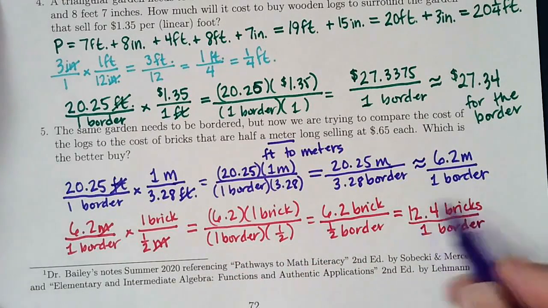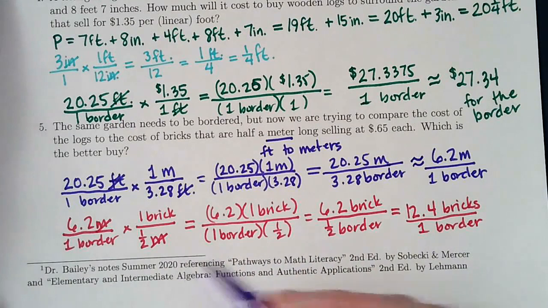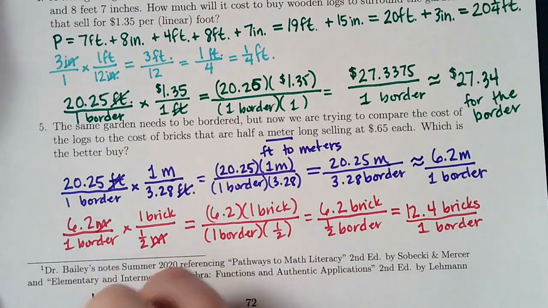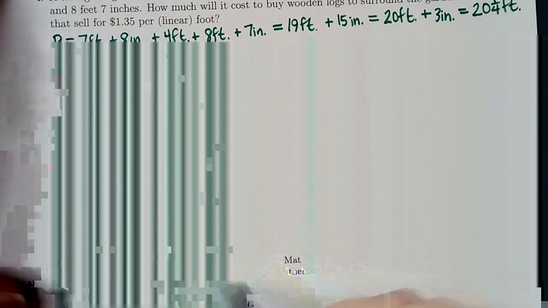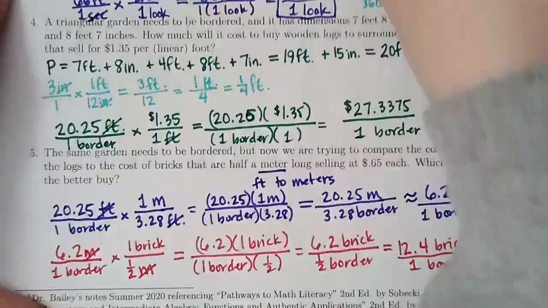Okay, so last layer here is that, okay, well, we can't just buy half bricks, so we need 13 bricks. So 13 bricks for the whole border. And now we know that these are 65 cents per brick.